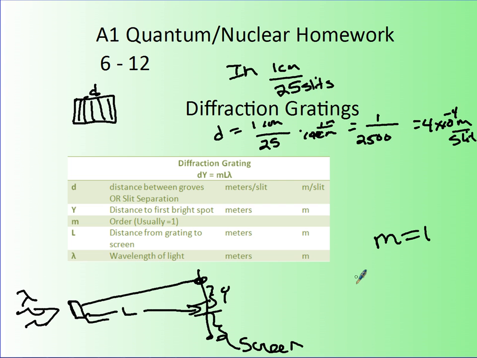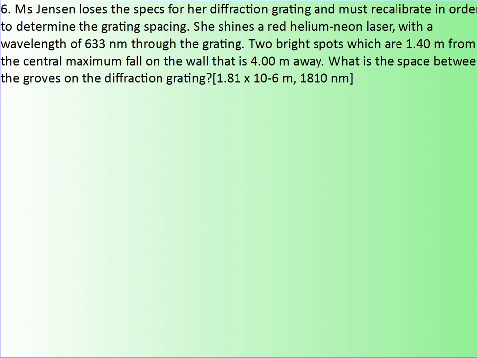Now, if I'm doing double slit, I'm always going to give you the distance between the slits, so that's just D. Let's try some. Miss Jensen loses the specs for a diffraction grating and must recalibrate in order to determine the grating spacings. So I'm looking for D. She shines a red helium-neon laser with a wavelength of 633 nanometers.